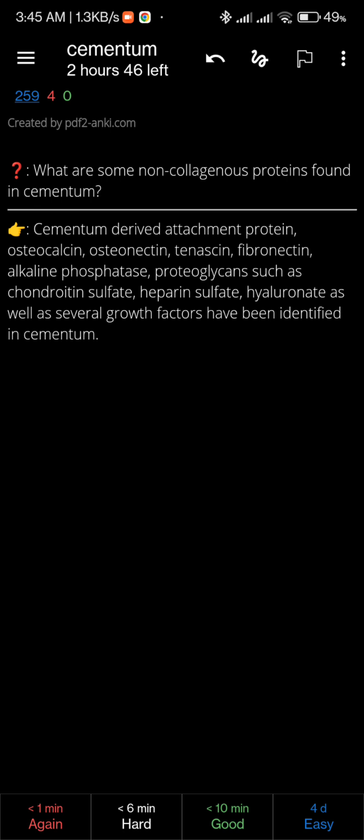Then we have alkaline phosphatase and proteoglycans, such as chondroitin sulfate, heparan sulfate, and hyaluronate, as well as growth factors that have been identified.